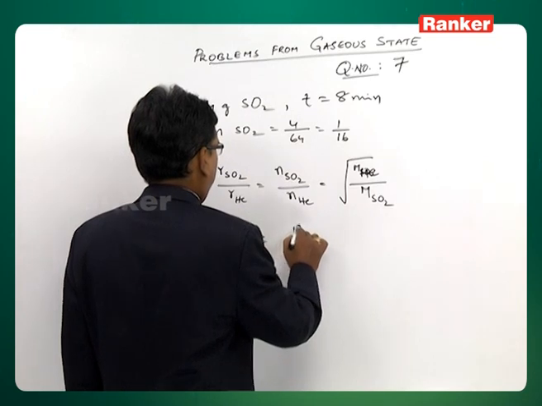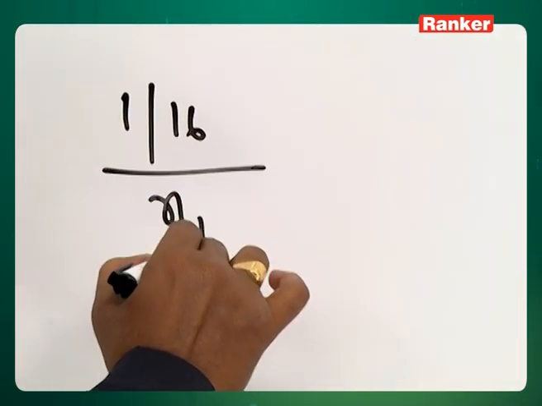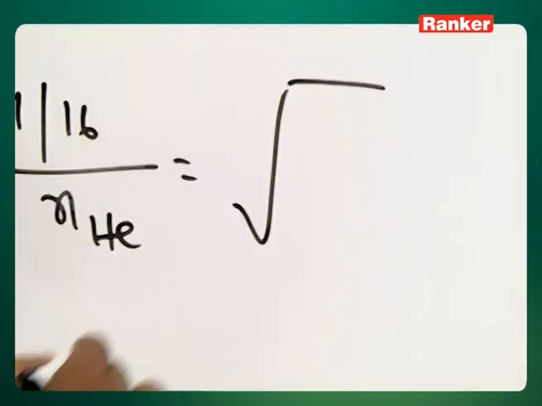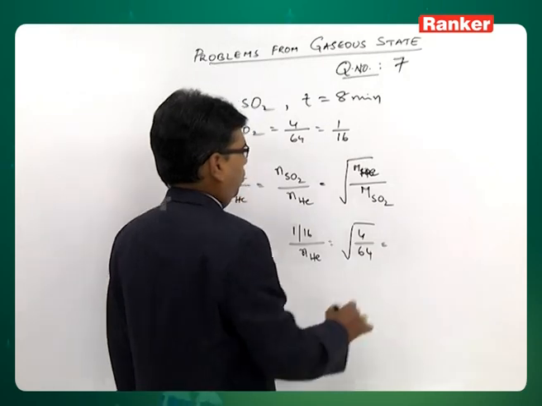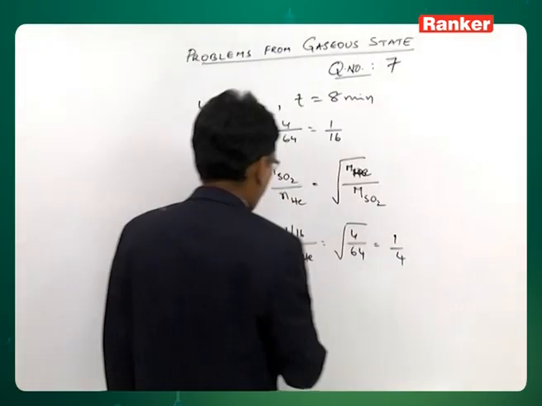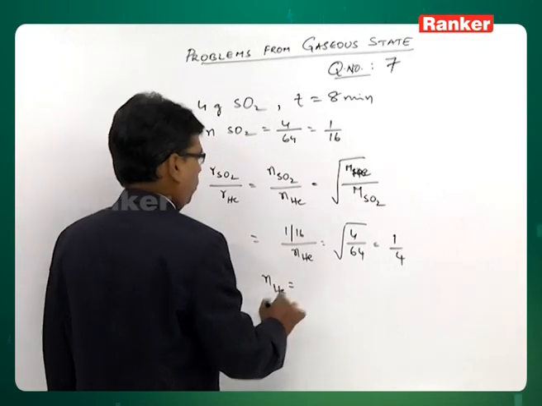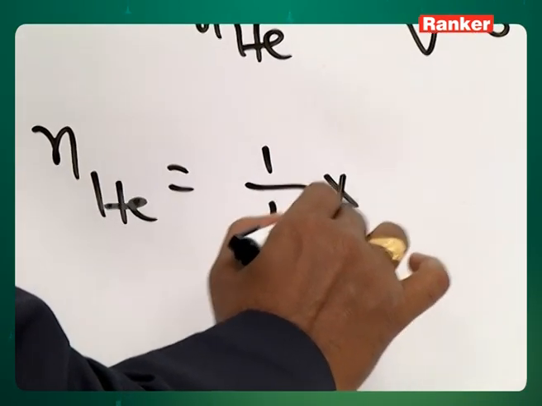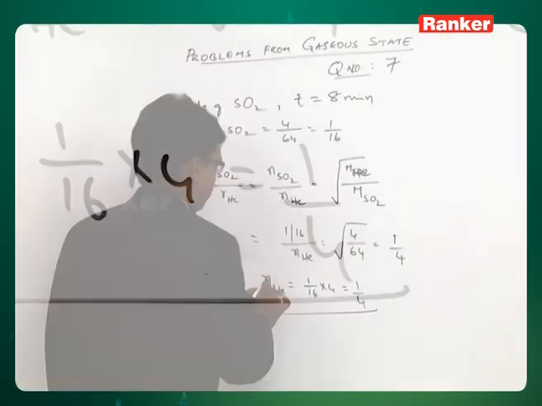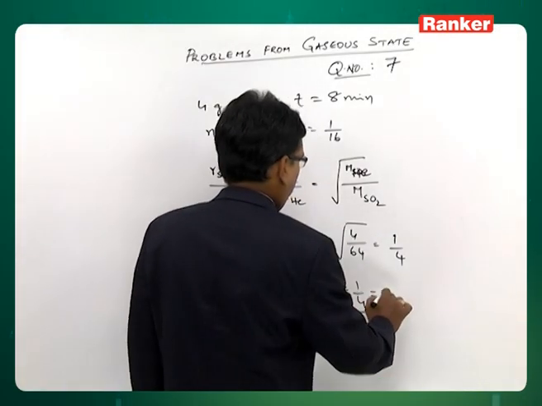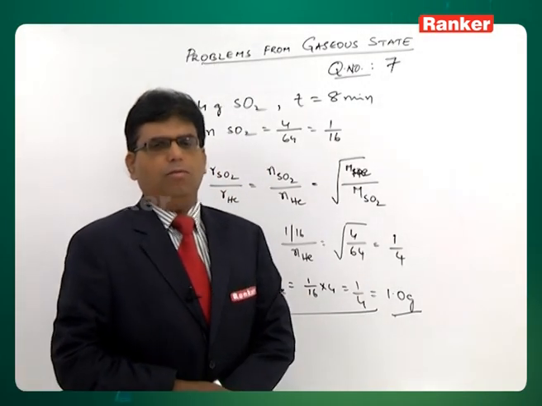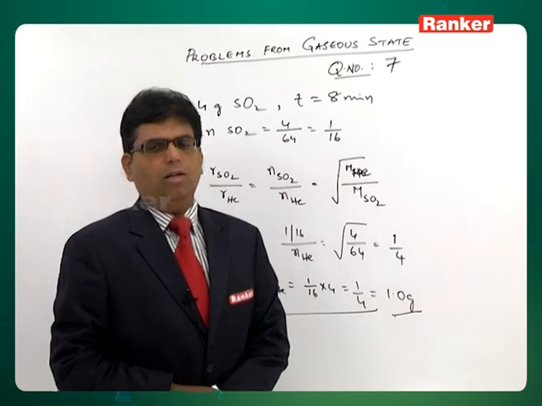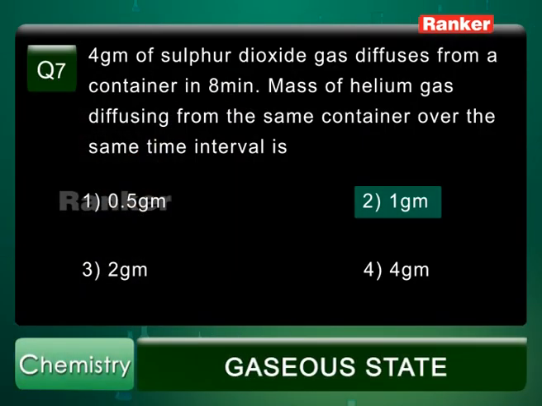So, 1 by 16 by number of moles of helium is equal to root over 4 by 64, which is 1 by 4. So, the number of moles of helium is equal to 1 by 16 into 4, that is 1 by 4. 1 by 4 moles of helium is equal to 1 gram. So, 1 gram of helium gas will diffuse out, and our answer is the second option.